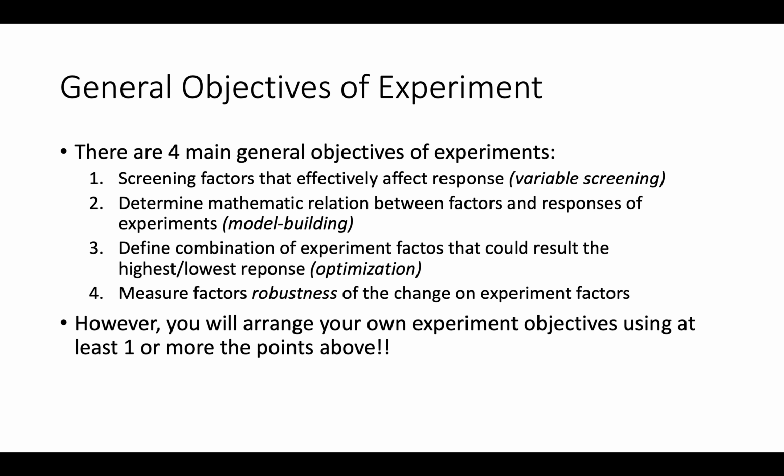The fourth objective is to measure the robustness of factors to changes in the experimental factors. When you do your own experiment in the fourth grade, you will construct your experiment based on at least one of these objectives.